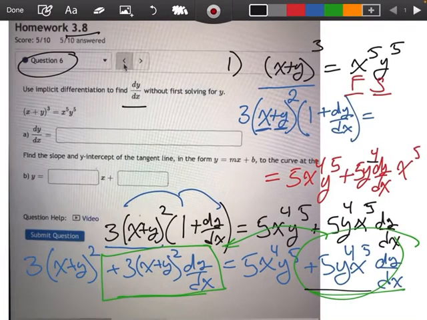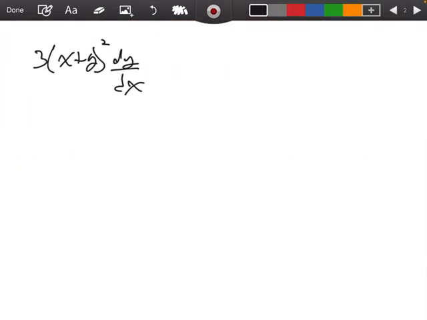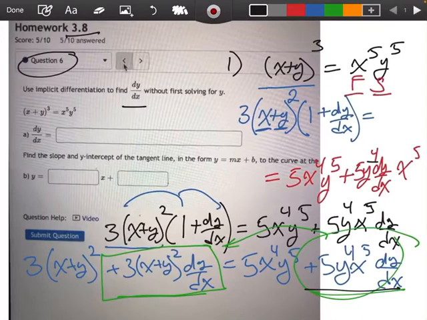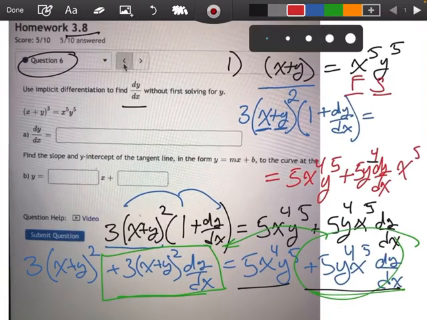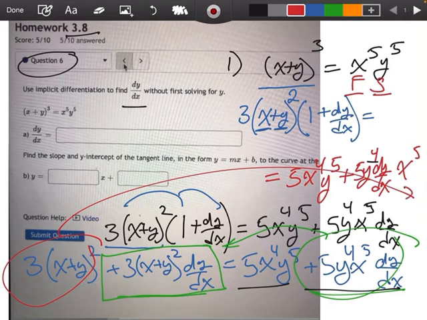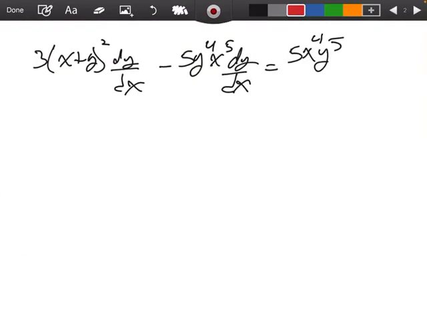When I move this guy over, it's going to become negative, so minus 5y^4 x^5 dy/dx equals, and I'm going to leave that guy alone, 5x^4 y^5. And I'm going to bring this other one over the other way, so it's going to become a negative 3(x + y)^2. Okay? All right.